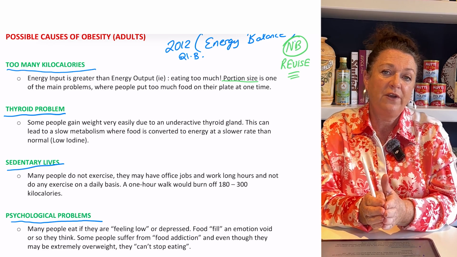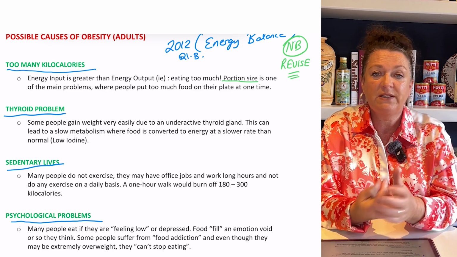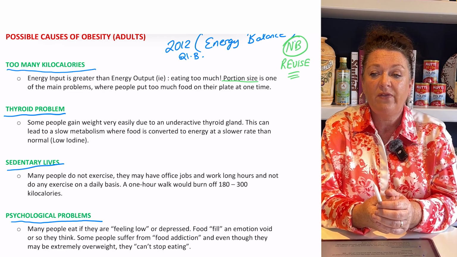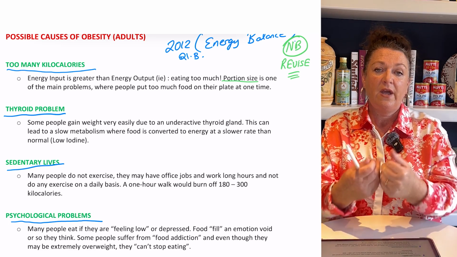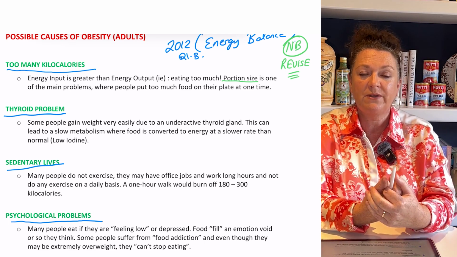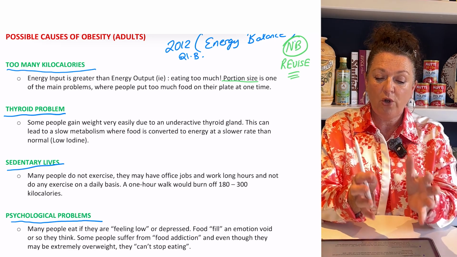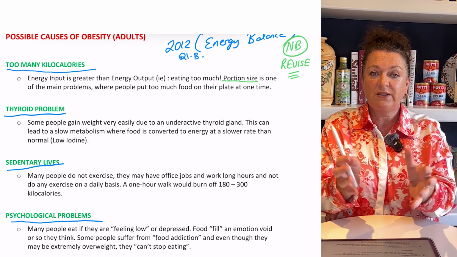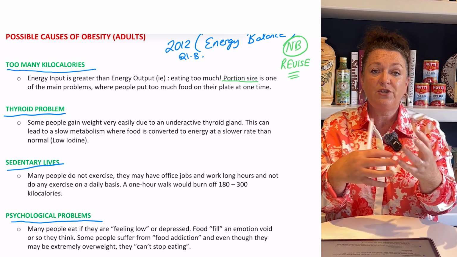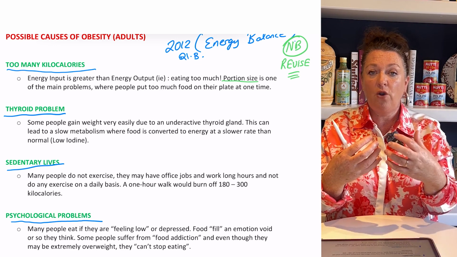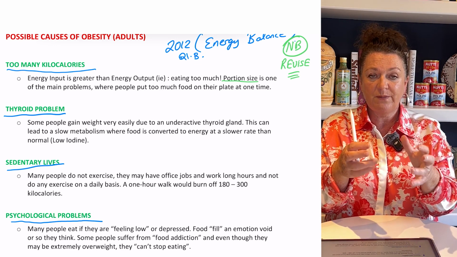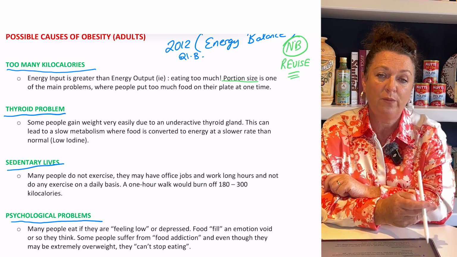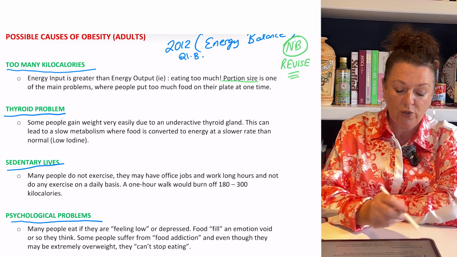If a child's favourite dinner, I'm making this up, is a spaghetti bolognese, and they see that somebody has more on their plate than they have, I suppose it's the inner Cookie Monster. So if you have smaller plates for younger children, because they are smaller bodies and they don't need the same EAR, they don't require the same number of kilocalories, you have smaller size plates and the plate is full, but it's a much smaller portion.